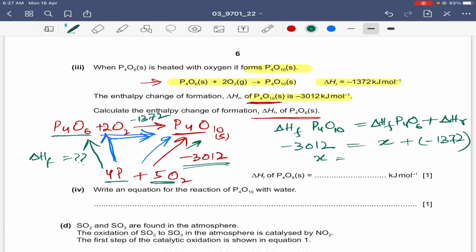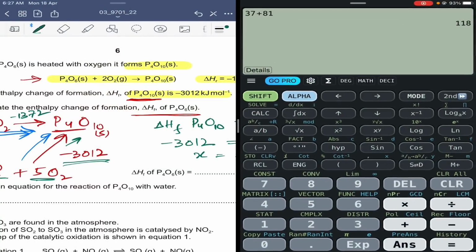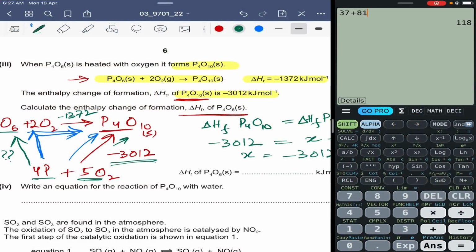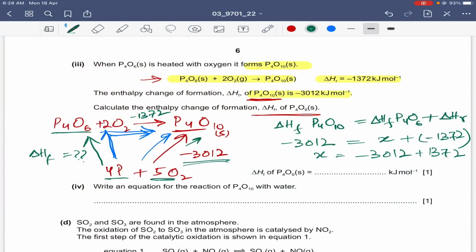Okay, so X would be equal to -3012 plus 1372. And if we solve this, -3012 plus 1372 is equal to -1640. All right, this is equal to -1640.